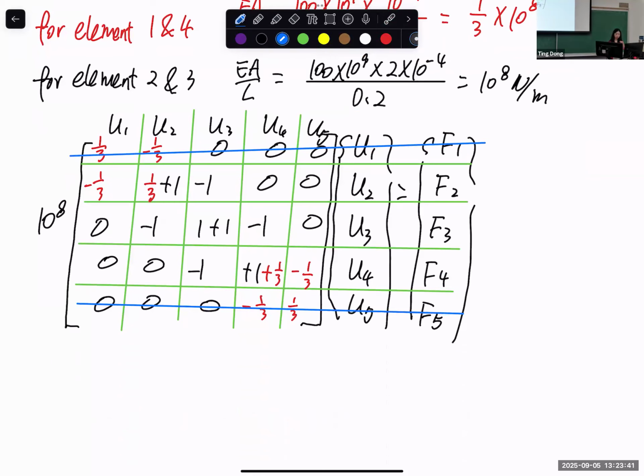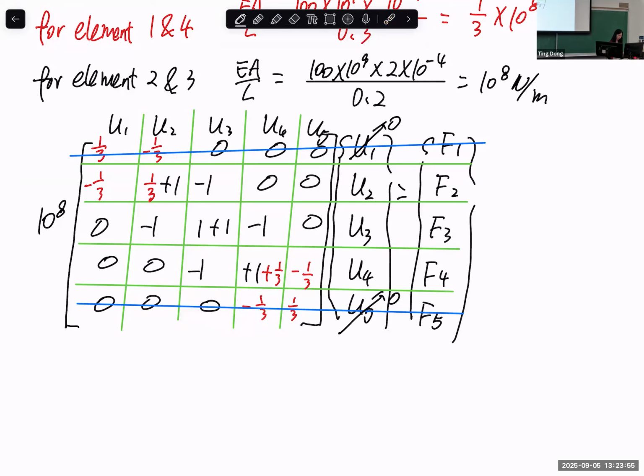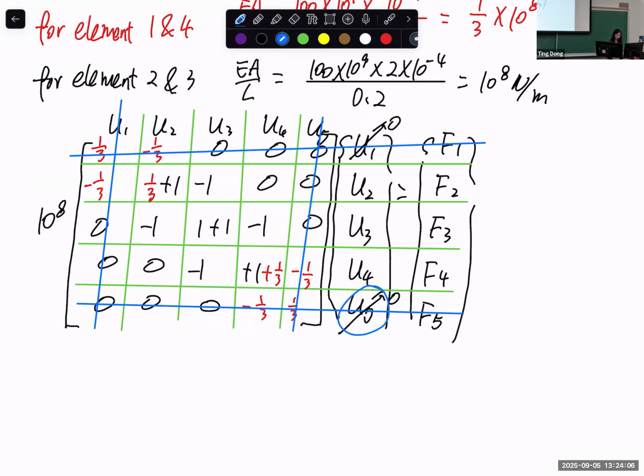And since U1 equals 0, it's a wall, it cannot move, and U5 equals 0, all the numbers that multiply by 0 don't matter. So all these columns will multiply by U1, and same thing here, multiply by U5. This is how we apply boundary conditions. Everything related to node 1 and node 5 is gone.